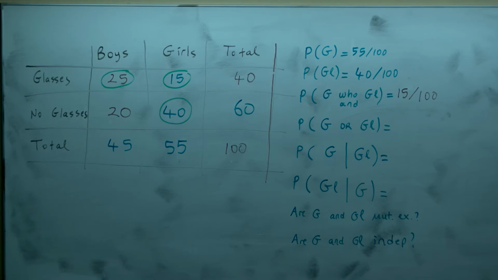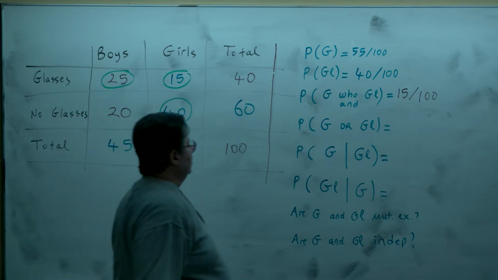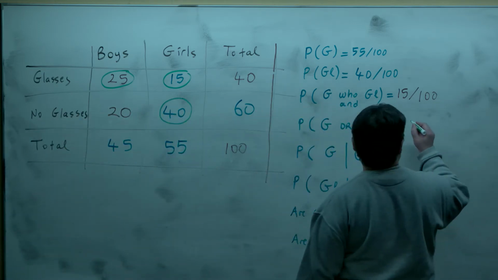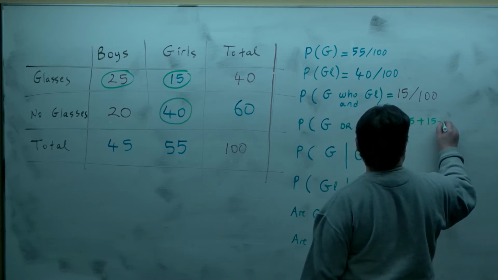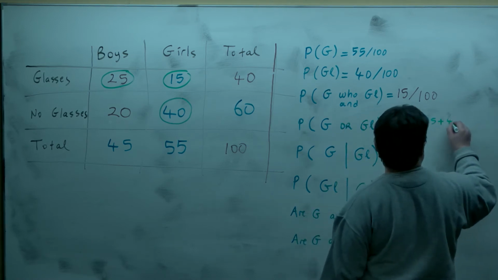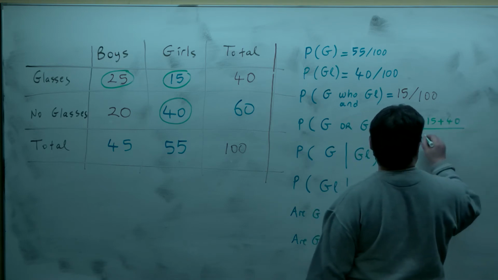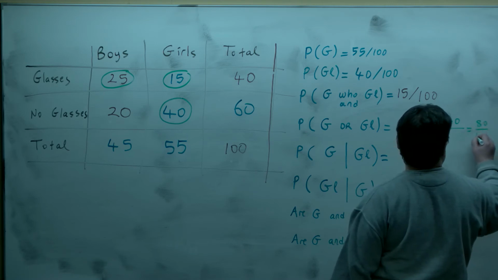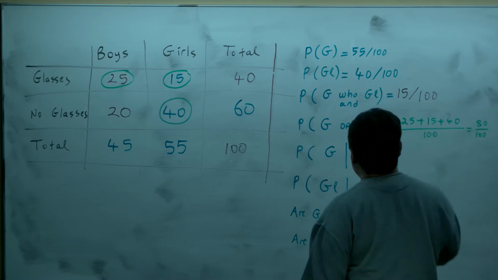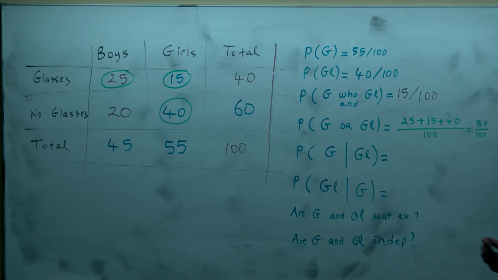How are we doing there, Lisa? Oh, I'm good. I had said 80. Yes, okay, very good. So 25 plus 15 plus 40 divided by 100. That is 80 divided by 100. And that will be 0.8.